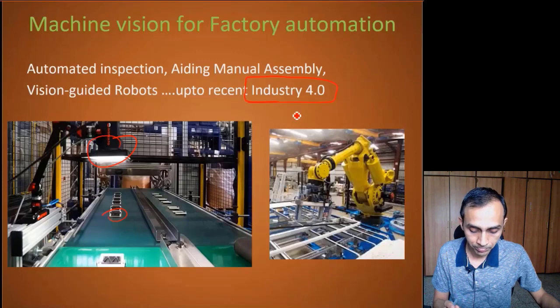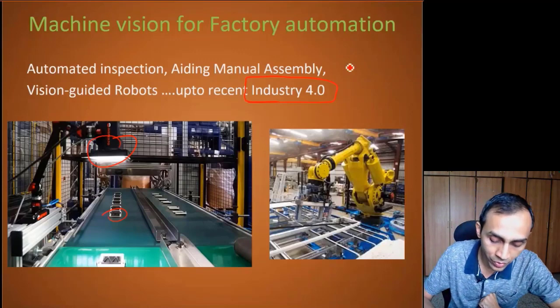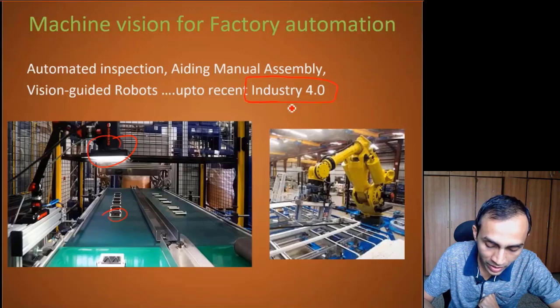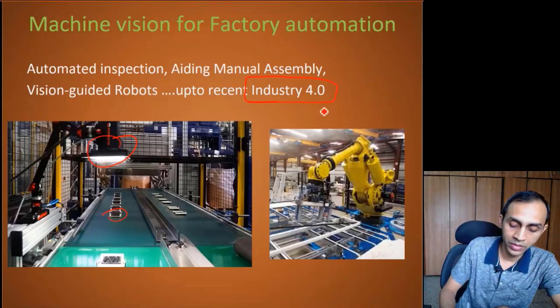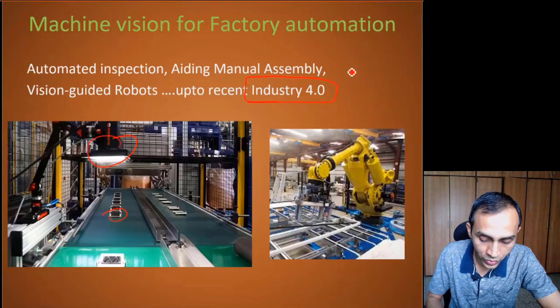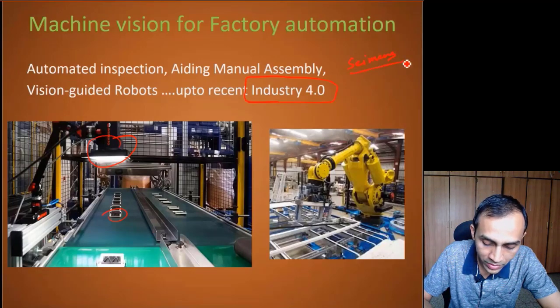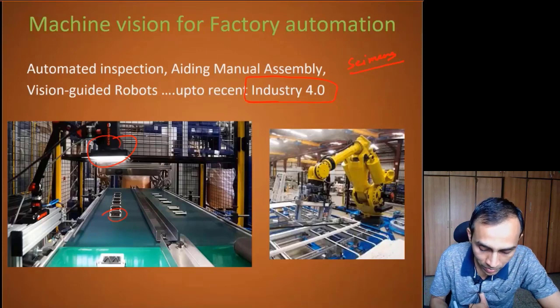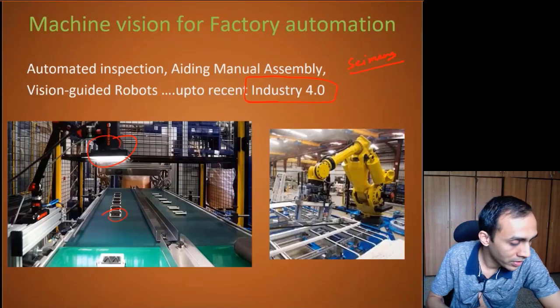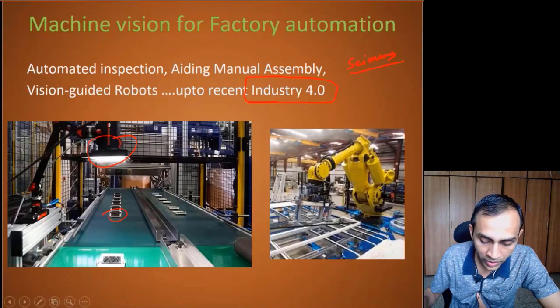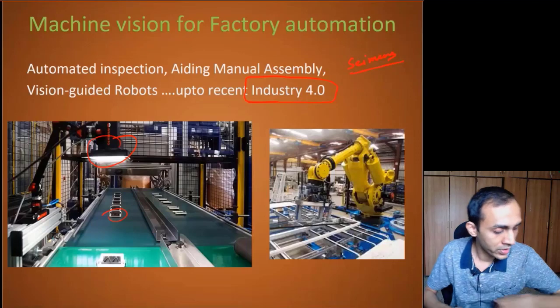In fact, in our VNIT we have already started a Center of Excellence on Industry 4.0, and this year it is going to start officially. Siemens is the company that has sponsored the Center of Excellence, and they will be putting all these technologies there, and interested students can participate in those projects.